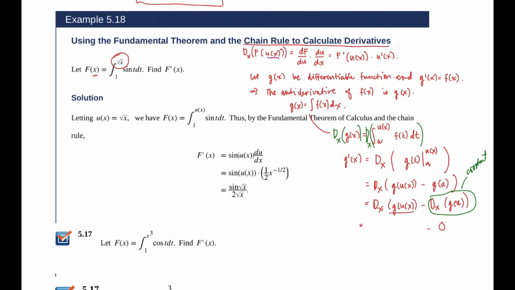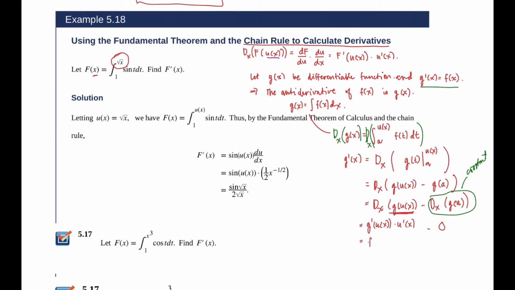For this case, we have a composite function, g of u of x. When you take the derivative of g of u of x, then you'll have g prime of u of x times u prime of x. Okay, so what is g prime of u of x? g prime of x is f of x.